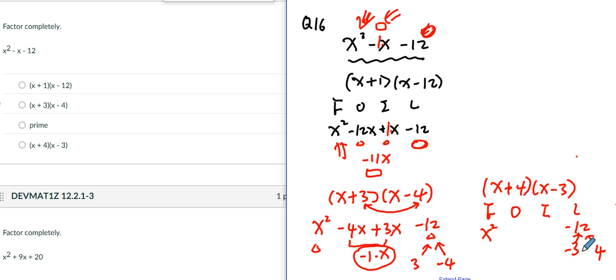But when you combine the middle terms, with negative 3 and positive 4, you end up with 4x for inner. Outer is negative 3 times x, negative 3x. When you combine those, you get 4 minus 3 is positive x. But here was negative x. So then this one is not our choice. Okay, and this one is our choice.